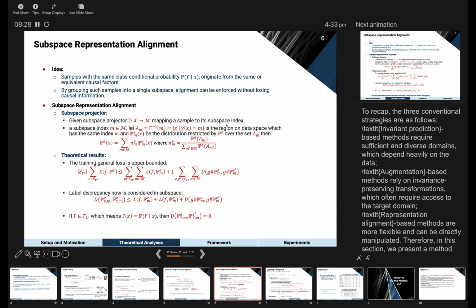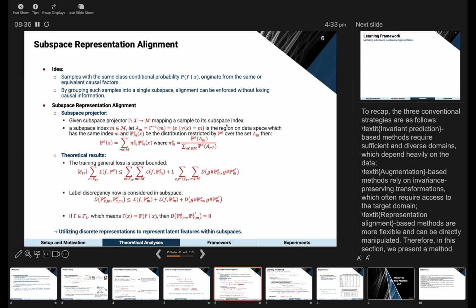So we can optimize both terms at the same time. And in the next slide, we will present how to implement this idea from a discrete perspective.